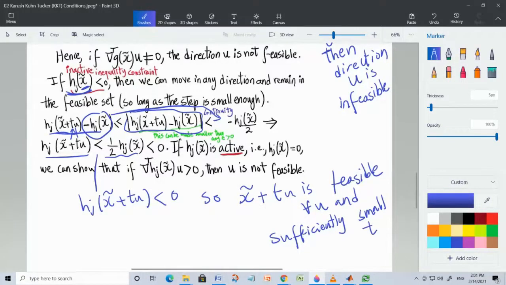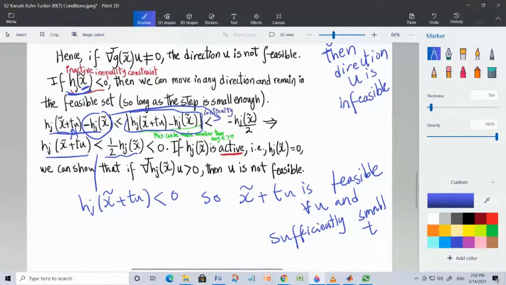So the idea is that if the inequality constraint is satisfied with a strict inequality, it's like you are in the interior of the feasible set. You are inside the feasible set, and so you can move in any direction with a sufficiently small step, and you will remain feasible. Okay?